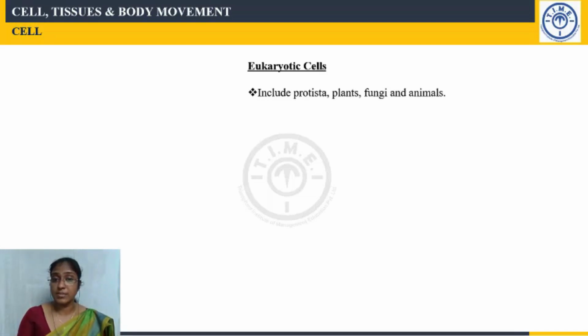The living organisms are categorized under five kingdoms: Kingdom Monera, Kingdom Protista, Kingdom Fungi, Plantae, and Animalia. Monera consists of bacteria, that is eubacteria and archaebacteria. So bacteria come under prokaryotic cells. All other kingdoms, like Protista, Plantae, Fungi, and Animalia, are included under eukaryotes.